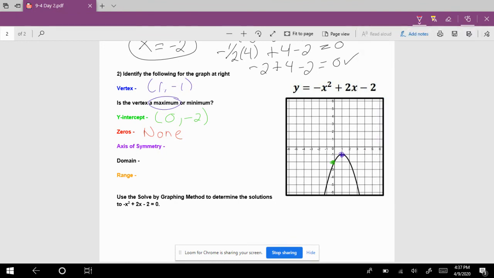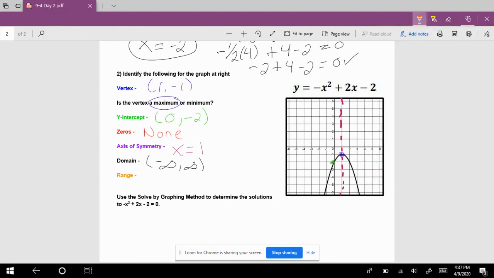Axis of symmetry. I cut this parabola in half. That would go through the line x equals 1. My domain is going to be all real numbers, or negative infinity to positive infinity.